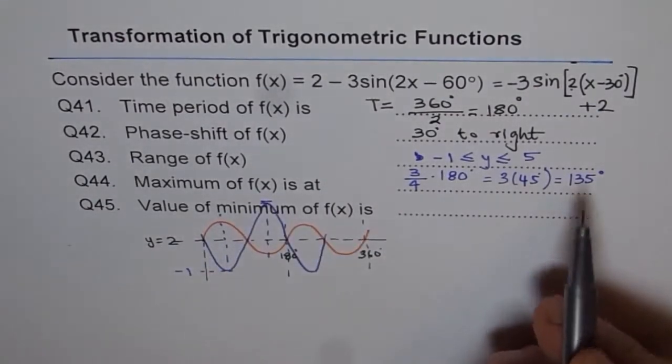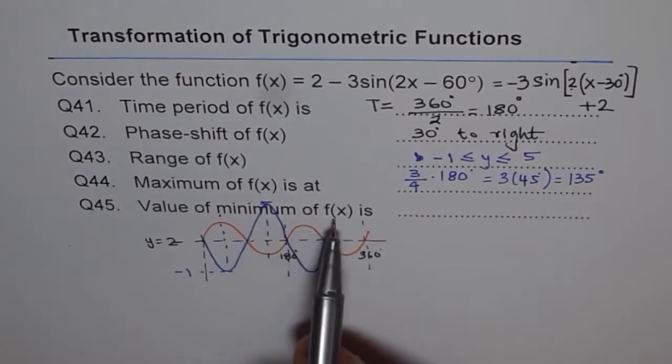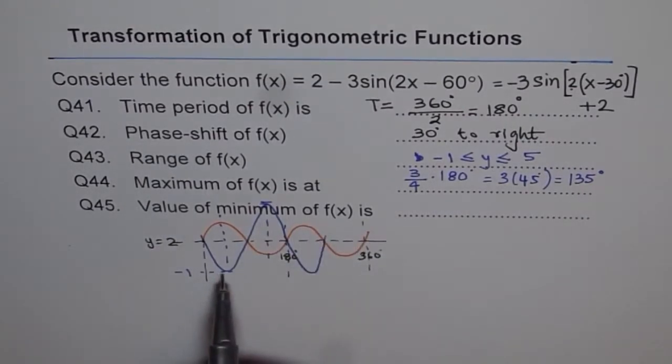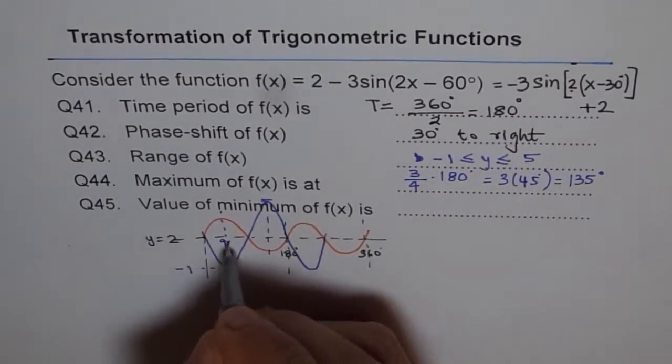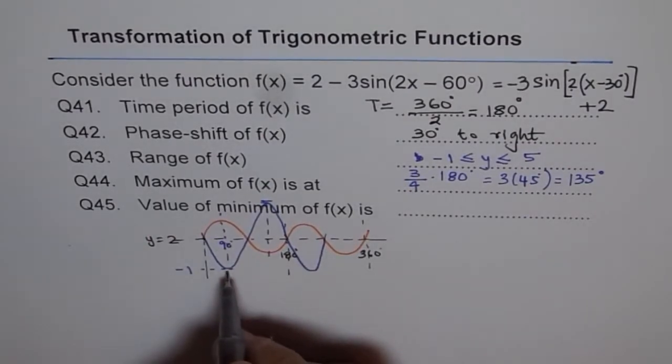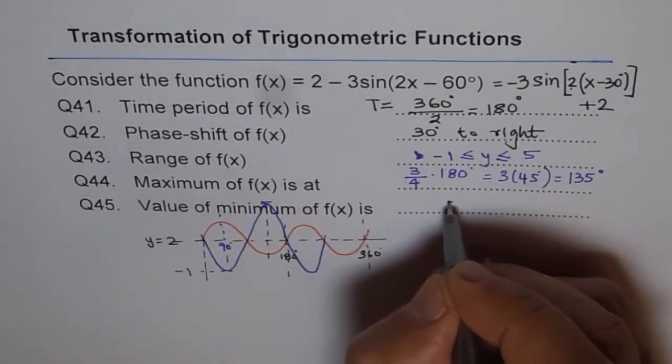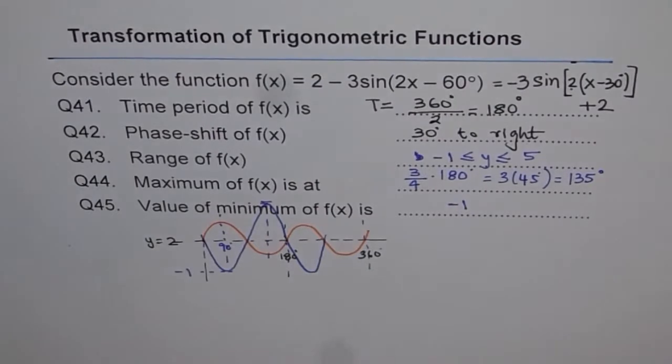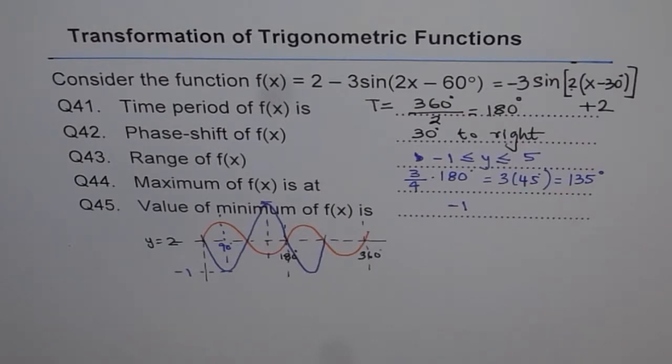Do you understand? Value of the minimum of the function is, minimum occurs at 90 degrees here, but they are asking for the value, right? The value is minus 1 in this case. So that is how we are going to answer these questions. It's a good idea to make a rough sketch of the graph and then answer the questions, because you might make a mistake in maximum and minimum also.